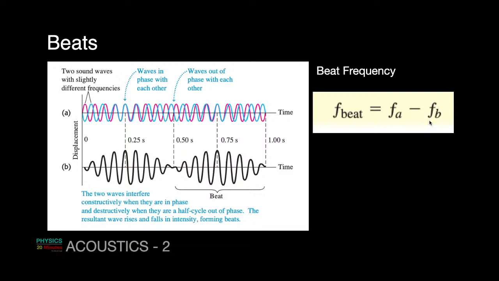For example, if you have 100 hertz and 102 hertz, then you will get 2 beats per second. But these 2 beats are of the frequency 101 hertz. So this you can try. You can take any two sound sources.